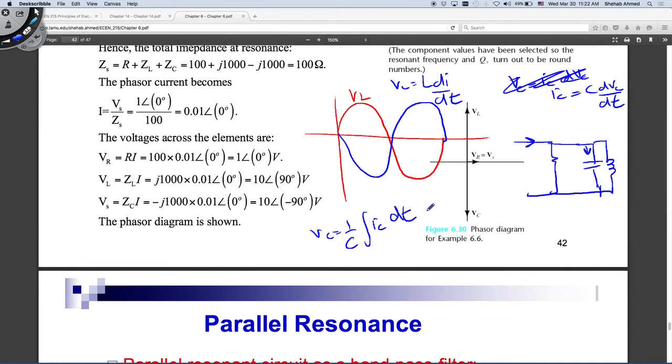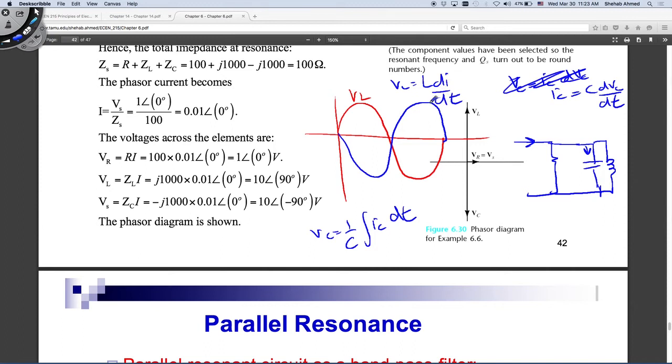So let's say I push the same current through the capacitor and inductor. What will the corresponding voltages look like? The voltage across the capacitor will be the integration of this curve. The voltage across the inductor will be the derivative of this curve.